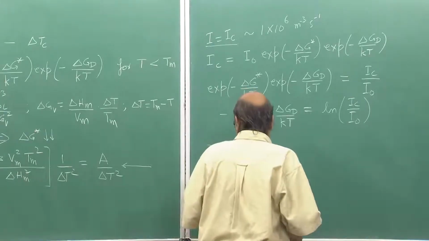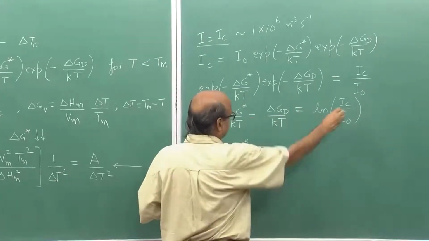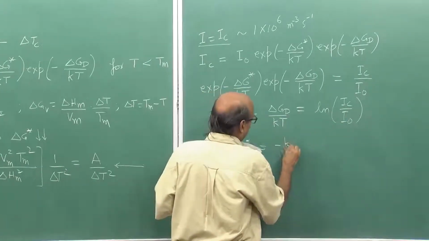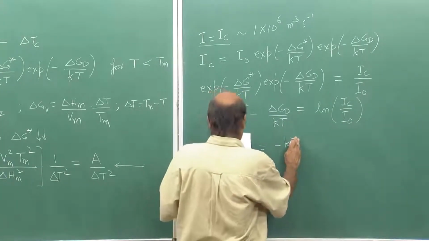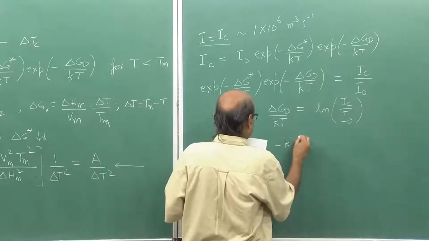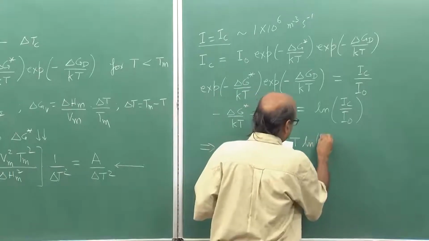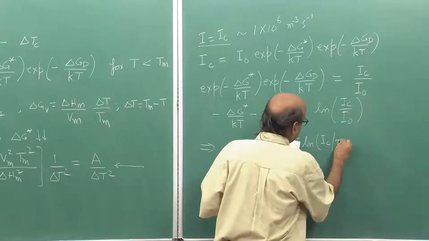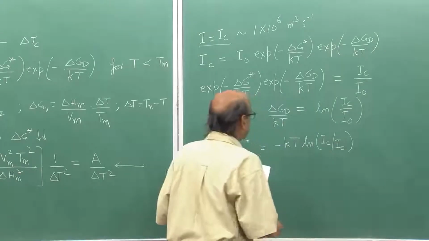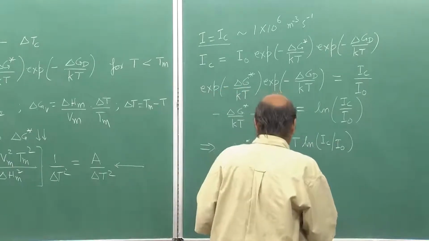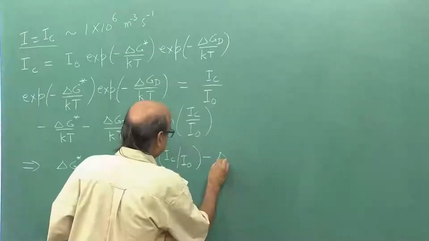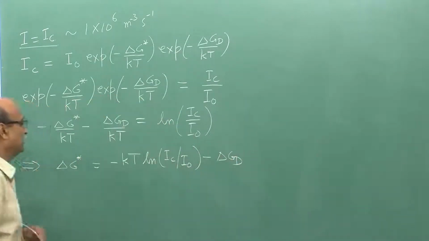And so delta G star becomes, by rearranging the terms again, minus kT ln IC upon I naught minus delta GD.